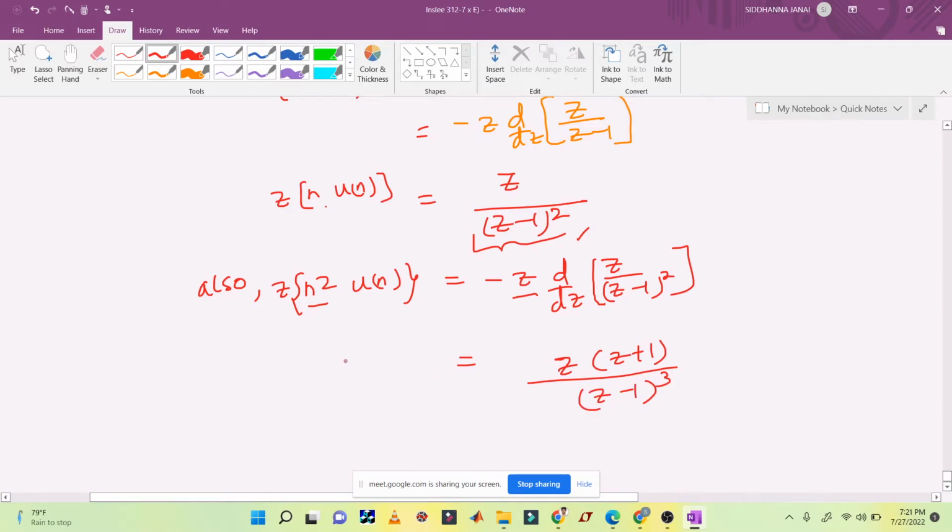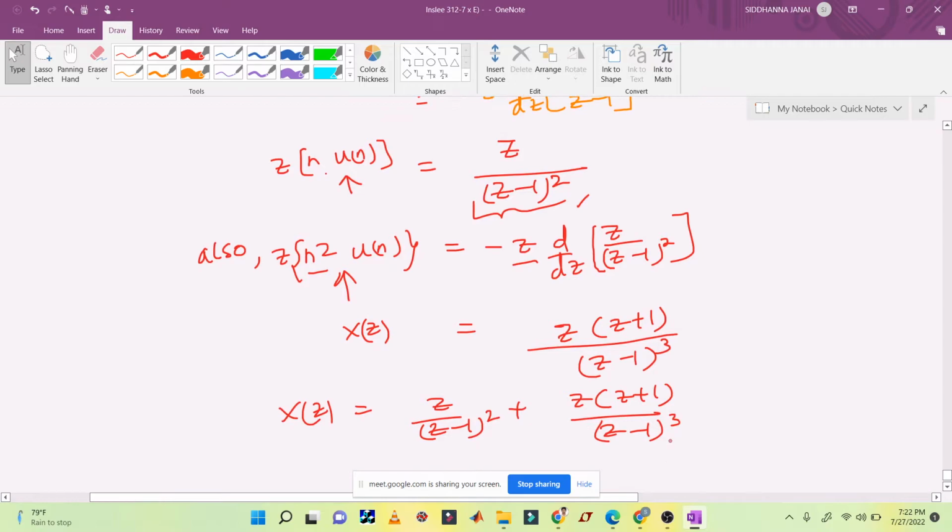This is x of z for n square u of n, and n u of n is here. So the combined x of z is equal to z divided by z minus 1 whole square plus z into z plus 1 divided by z minus 1 cube.